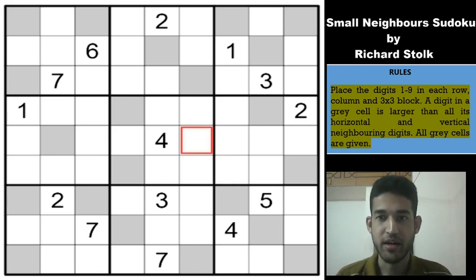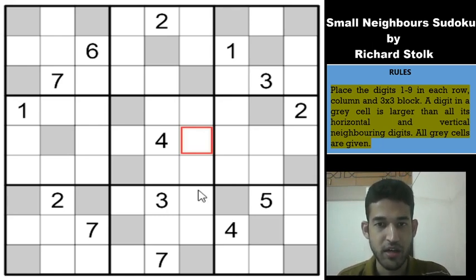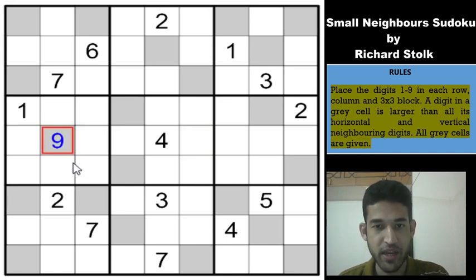So the main starting trick in the Sudoku is that we know that 9 will always be greater than its neighboring digits. There is no way possible that there will be a digit greater than 9 in the grid. So all the 9s in the grid have to go in the grey cells. If you look at box 4, we immediately get a 9 in the grid. So this will be a 9.